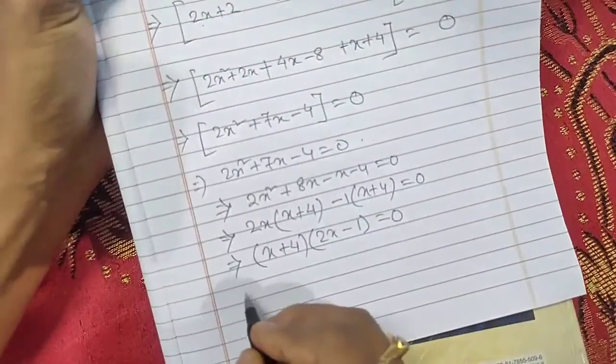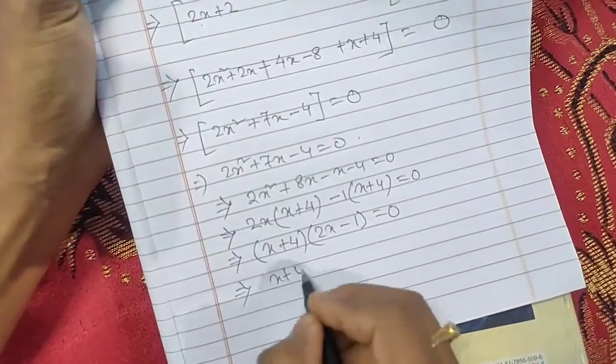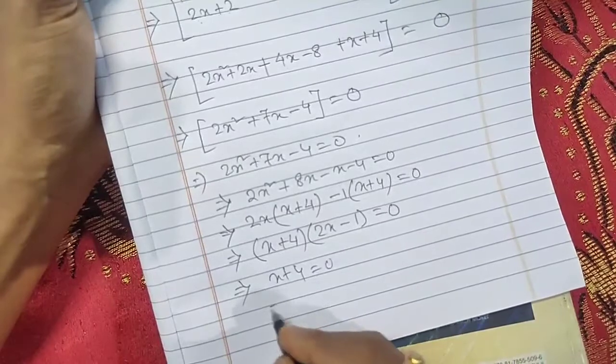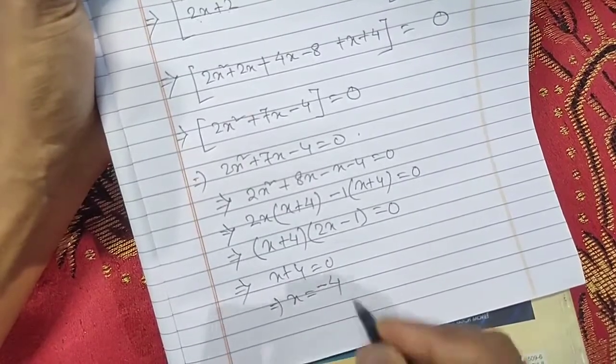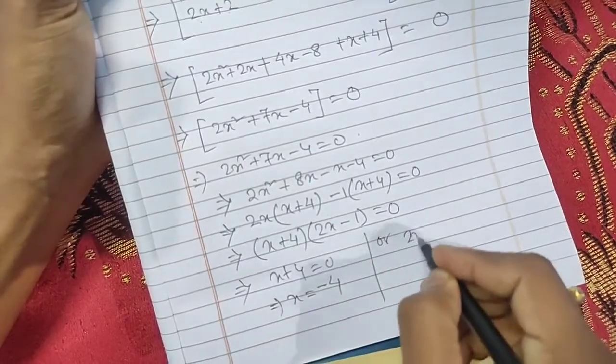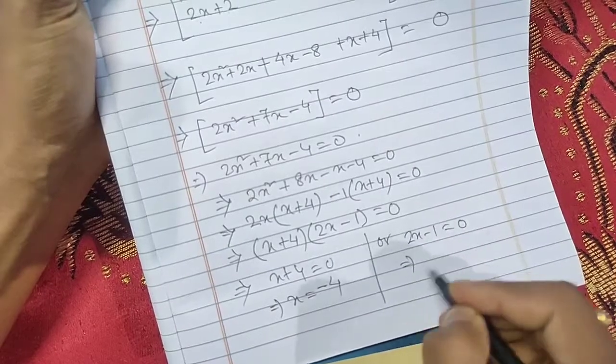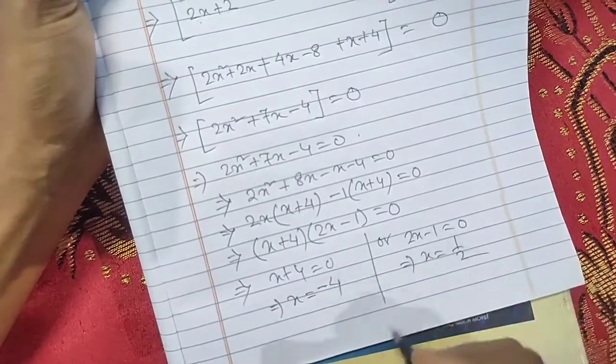So either x plus 4 equals 0, this gives x equals minus 4, or 2x minus 1 equals 0, this gives x equals half.